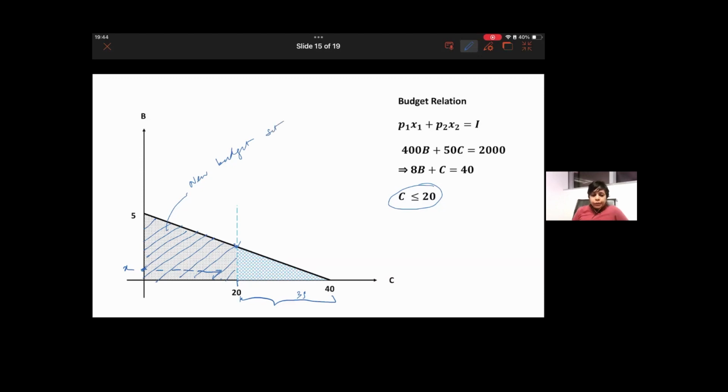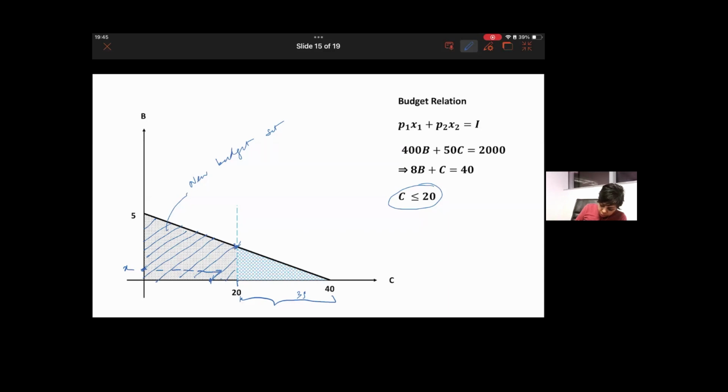Even after reducing her consumption to 20, you see the budget is still the same, right? Budget line is still the same. There is no other shock to the budget line, which means even if you reduce your consumption to 20, you cannot increase books beyond this point at 20.